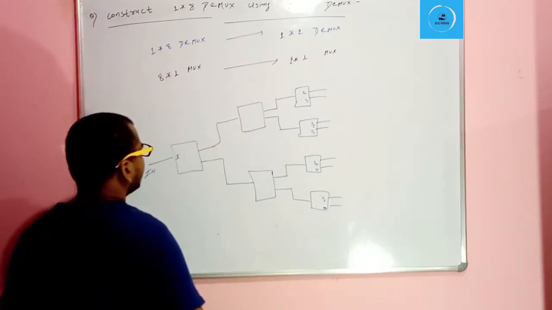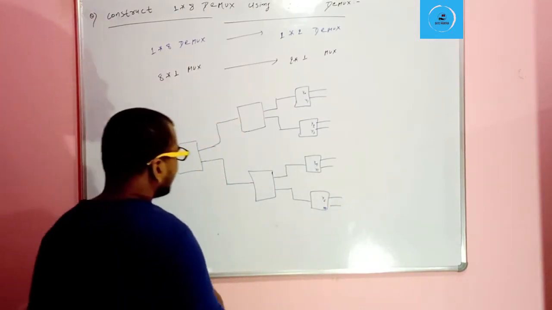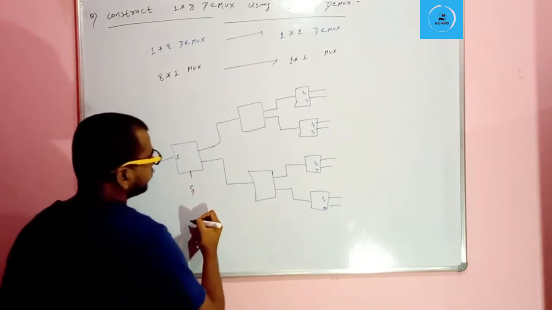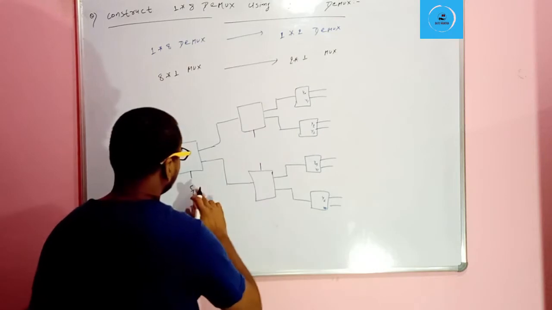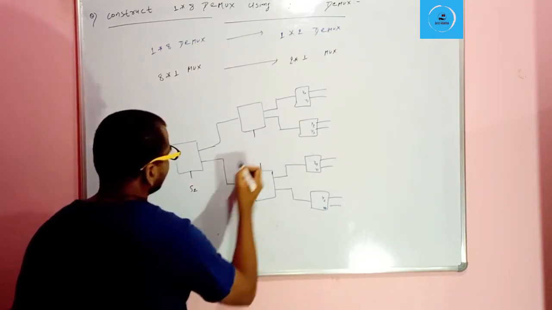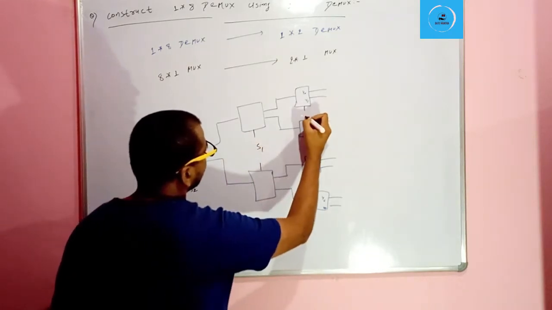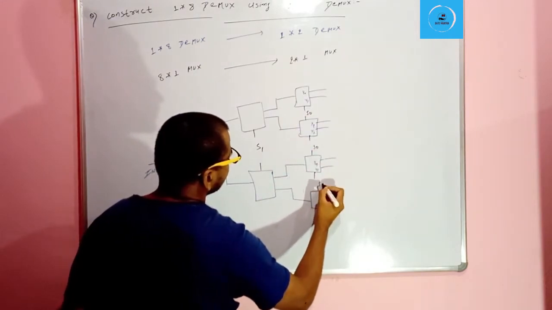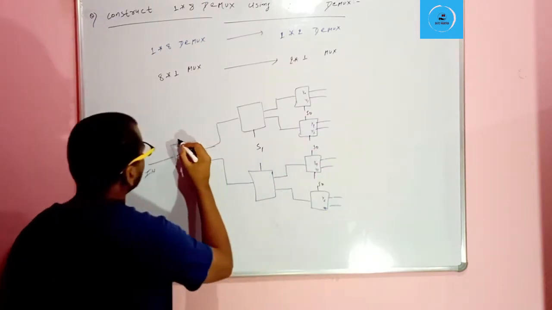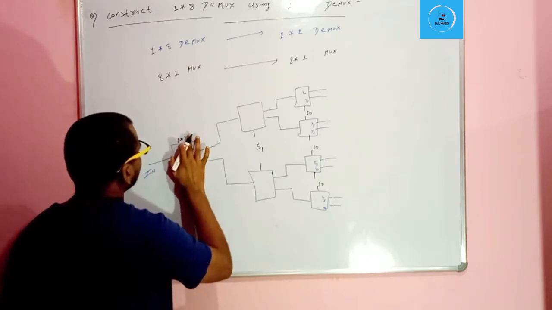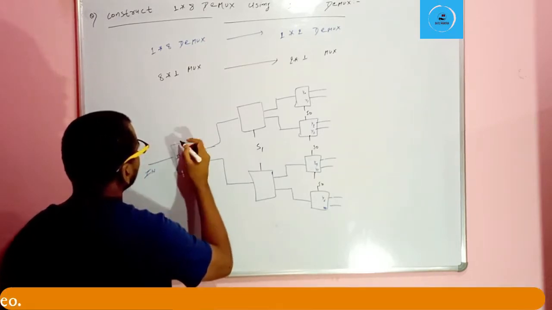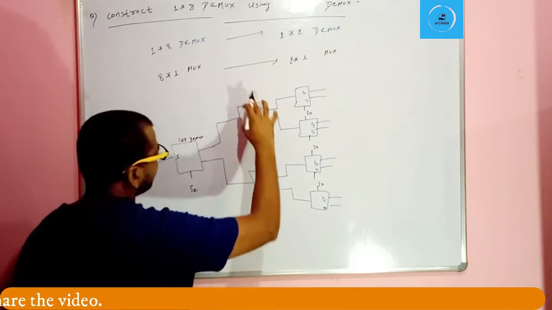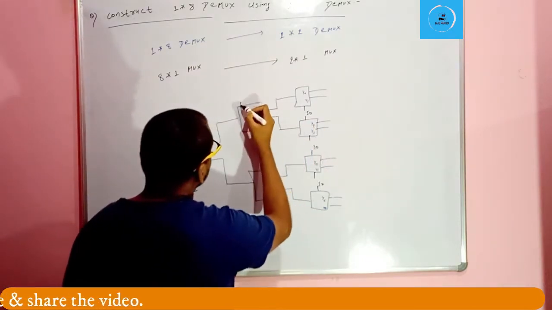The most important part is how we are going to provide the select signals. Here will be S2, here S1, and here S0. These are all 1:2 demux.